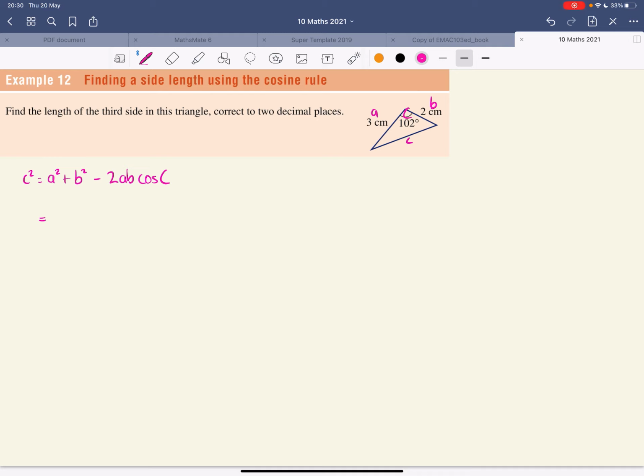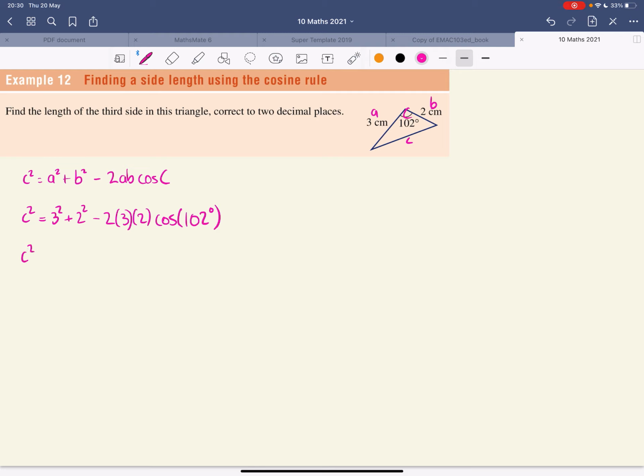We don't know what C is yet, so we'll just leave it as C squared. But we do know what A is, don't we? It's 3. So that'll be 3 squared plus B, which is 2 squared, minus 2 times A, which is 3, times B, which is 2, times cos C. And what's C in this particular case? Well, it's 102 degrees, as given by the textbook.